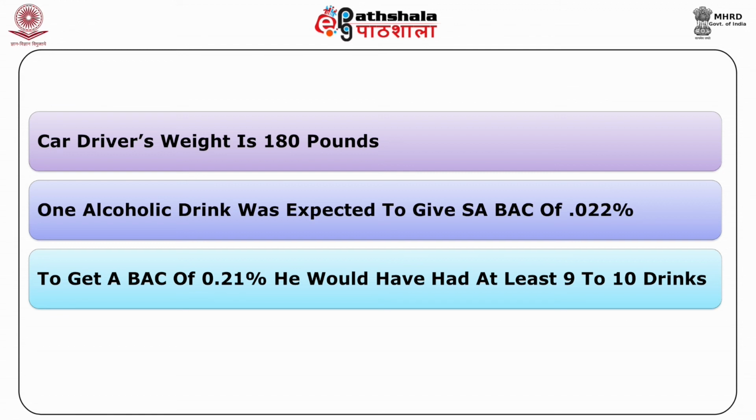This is reasonable because he was at the bar from 4 p.m. until the bar closed at 10 p.m. So it is realistic to think that in 5 hours he could have easily consumed 10 drinks.